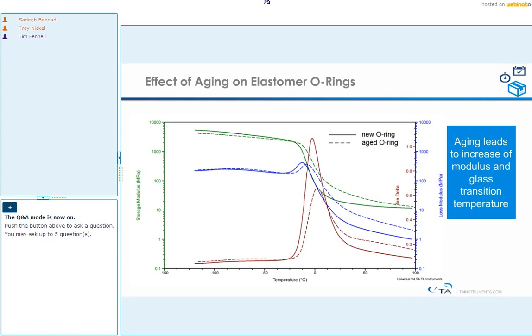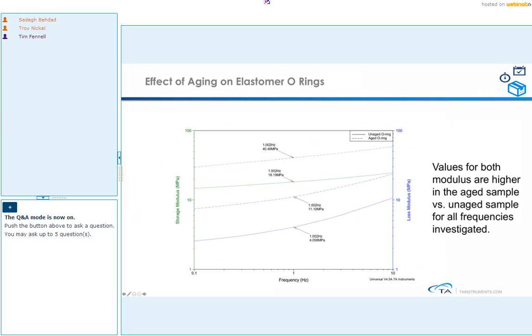So here's another graph showing the same thing on that sample. Here, instead of sweeping through temperatures, we are sweeping through frequencies from 0.1 hertz to 10 hertz. And we are looking at the changes in moduli in the aged sample and comparing it to the new sample.